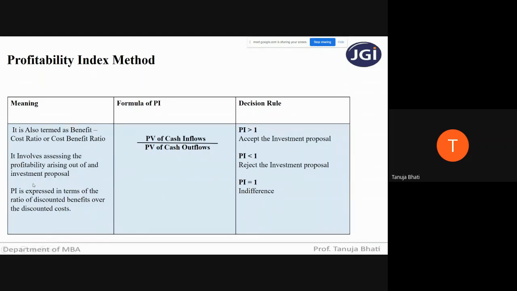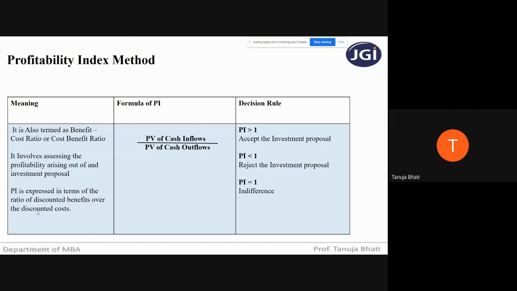So here when they are saying PI is expressed in terms of ratio of discounted benefits, benefits means what? Your cash inflows. So discounted means what? PV, present value of cash inflows over the discounted cost. Now cost is what? Your outflow, cash outflow. And what's the meaning of discounted?